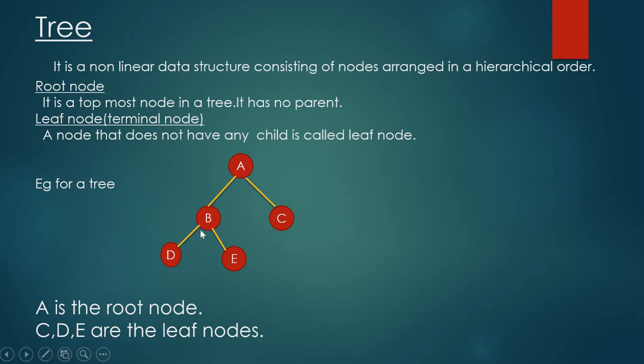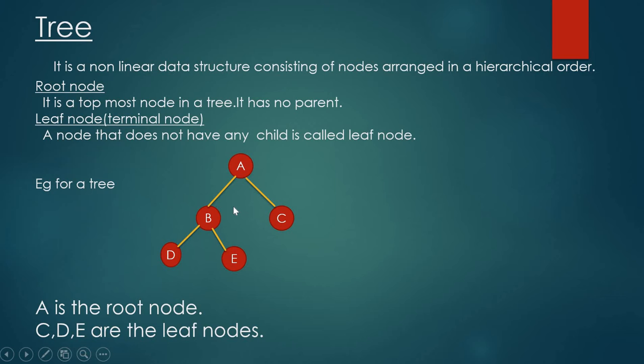B has two children, so B is also not a leaf node. Then what are the leaf nodes? C, D and E, because C has no child, E has no child, and D has no child. So these are the leaf nodes or terminal nodes. A leaf node means a node without a child.